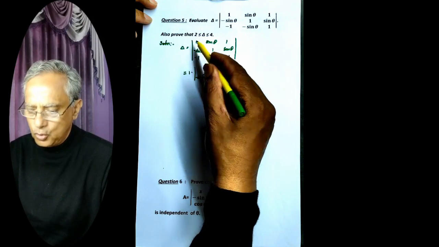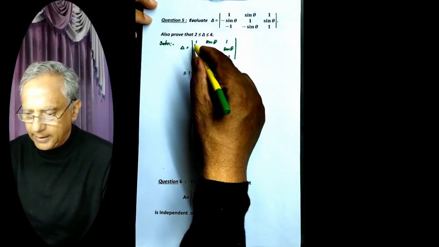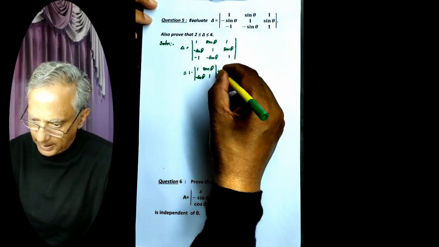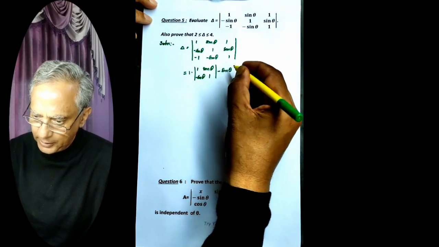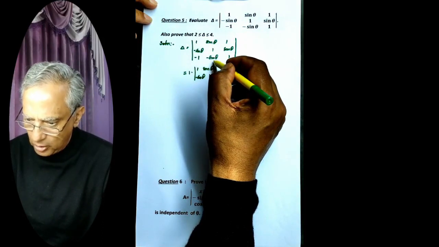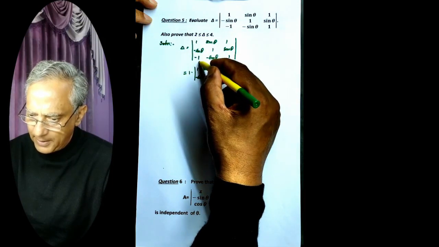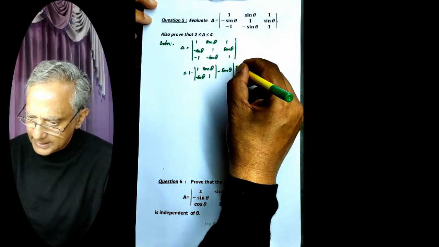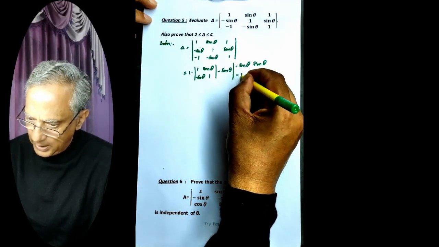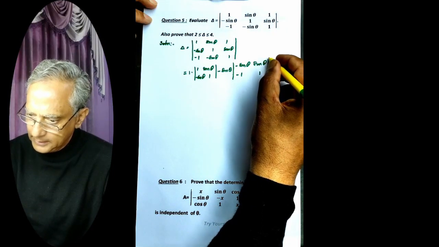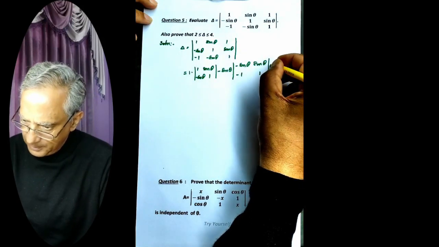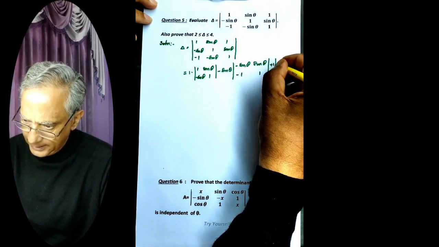1 plus 1 is 2, so we get a positive sign. And then we will have alternate plus minus sign. So this will be negative, minus sine theta into. Now delete this row and this column, we get minus sine theta, minus 1, 1, minus sine theta, minus 1 and 1, and then this will be plus 1 into.